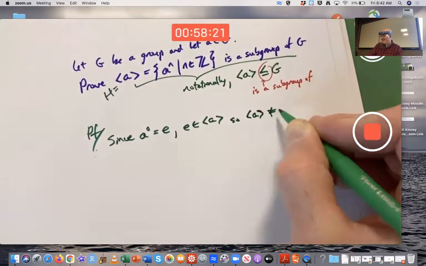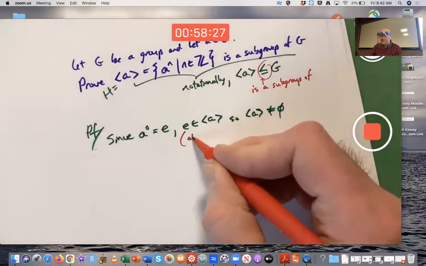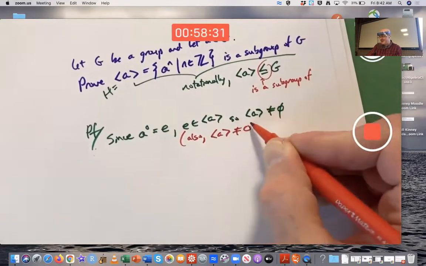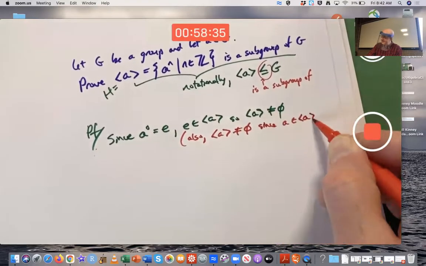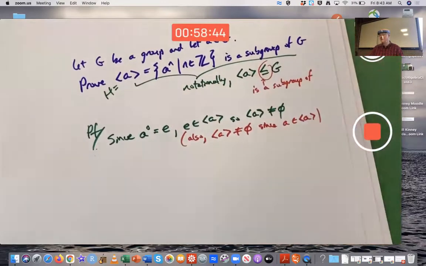Oh boy, that's kind of crazy that I even bothered writing that. I could also say this is not empty since A is in it, or since A squared is in it, etc. This one's so trivial that it almost feels crazy even writing it down, but do humor me and write it down anyway.